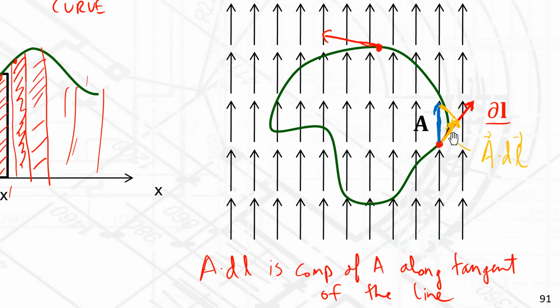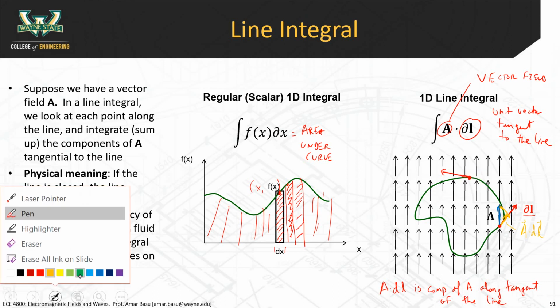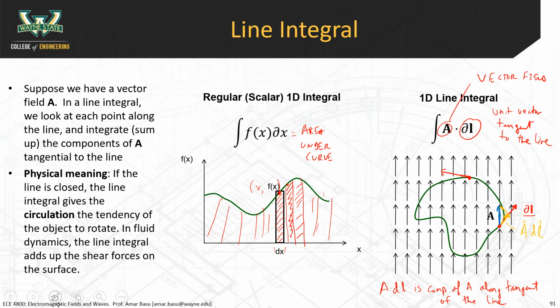So if I were to take another example here, I'll draw the vector field A again. At this point, A is pointing in this direction. Now if we take the component of A along dl, first of all, this is A, and the red line is dl. Notice that dl is pointing tangent to the line in the counterclockwise direction, and we are going to take the component of A along dl.